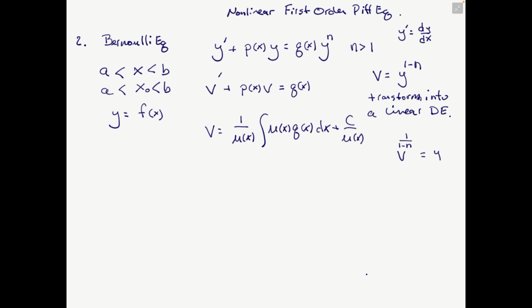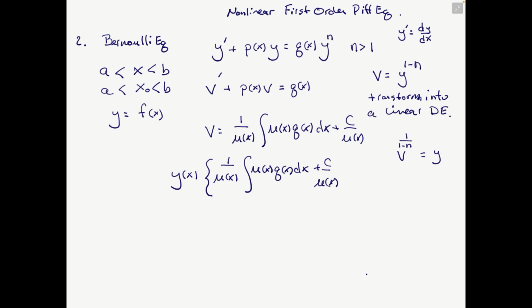And when you find the solution, you have to transform that back into y. So we have v to the 1 over 1 minus n equals y.